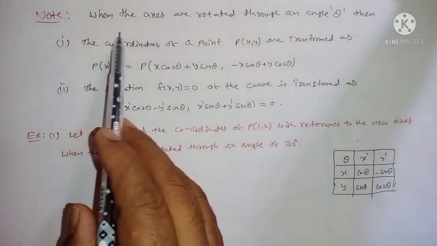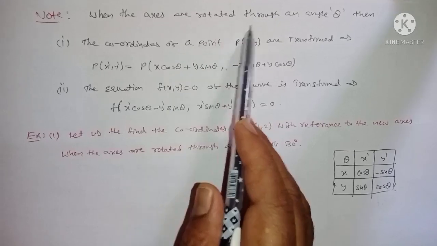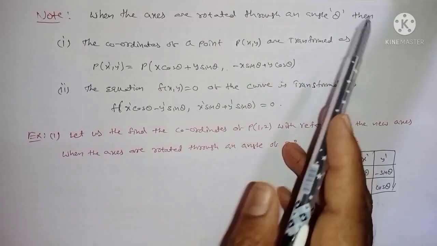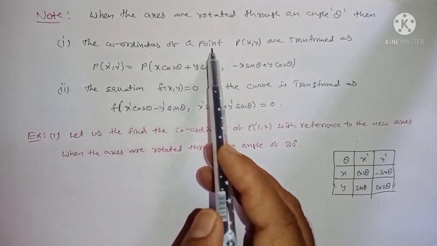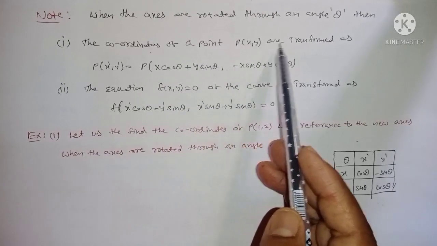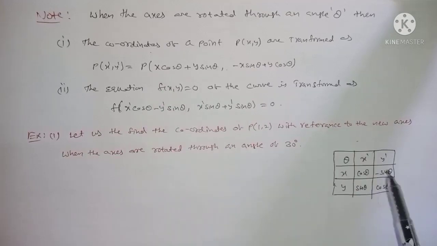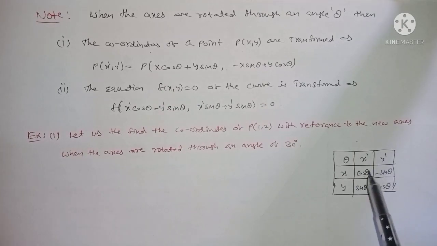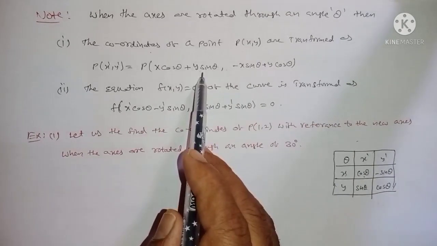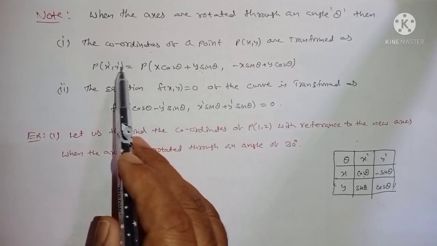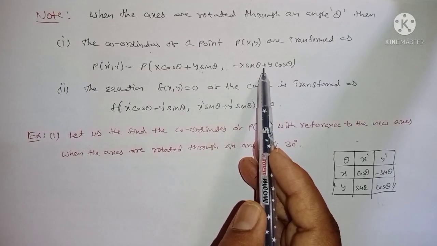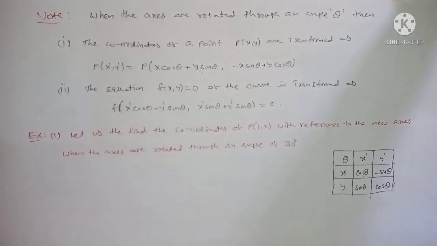Note: when the axes are rotated through an angle theta, the coordinates x comma y become x dash comma y dash, where x dash is equal to x cos theta plus y sin theta, and y dash is equal to minus x sin theta plus y cos theta.